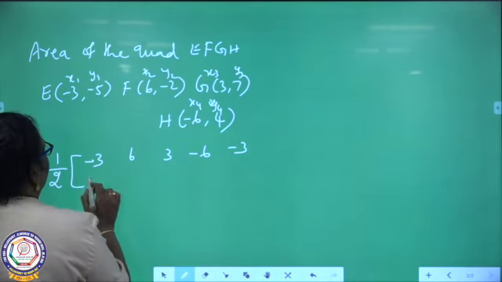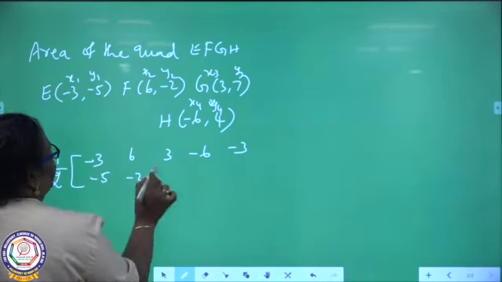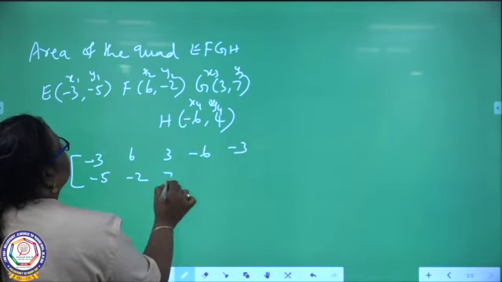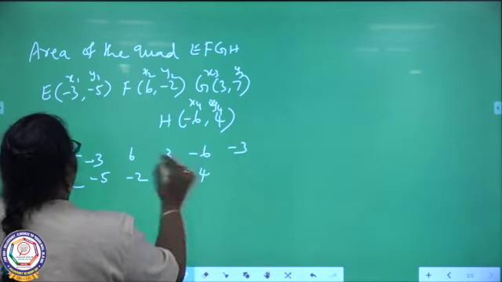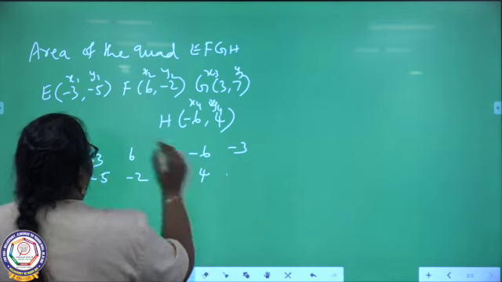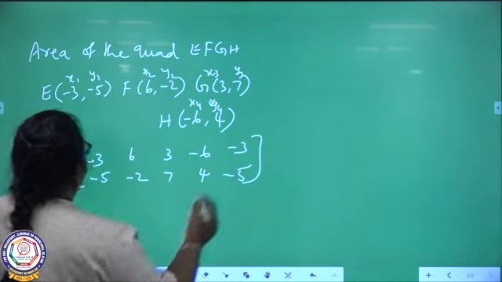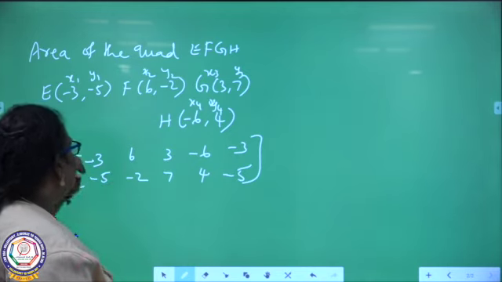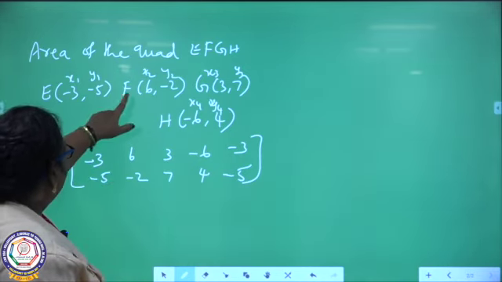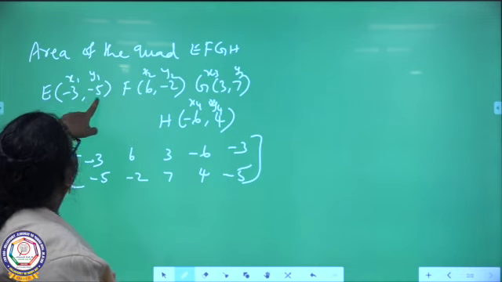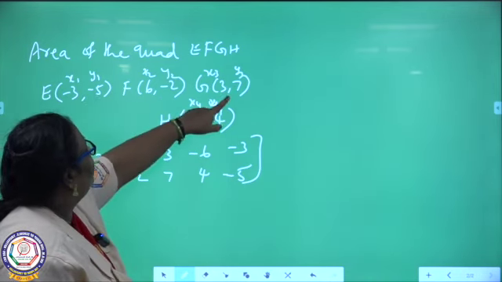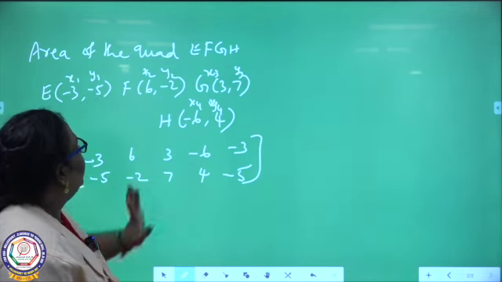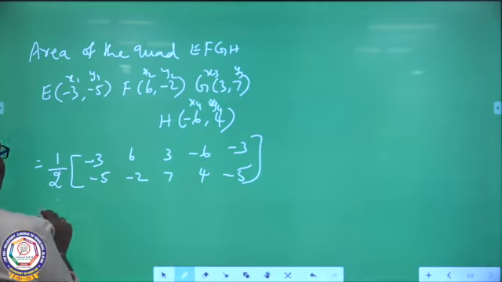Then the y coordinates: minus 5, minus 2, 7, 4 and end up with minus 5.